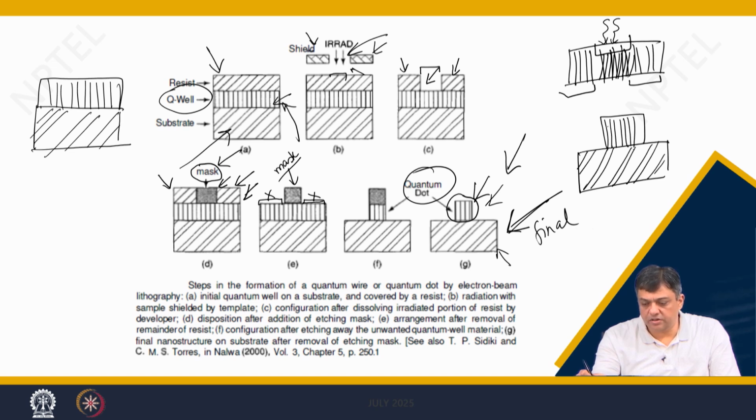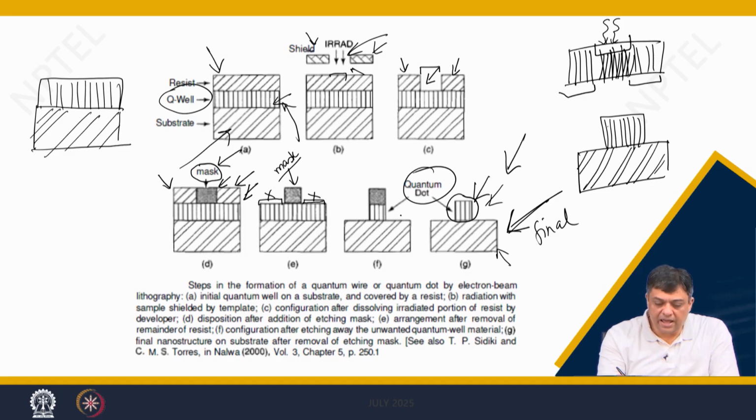A single structure. So, what you do? Then you use an etching agent which etches out the material on the sides of the structure, that is the quantum dots which you require.